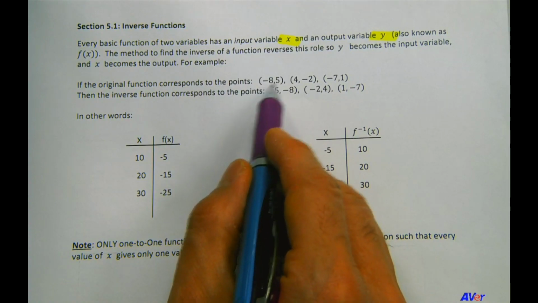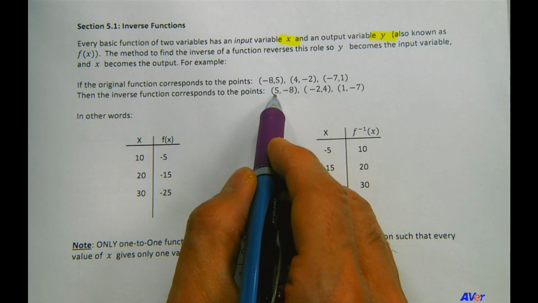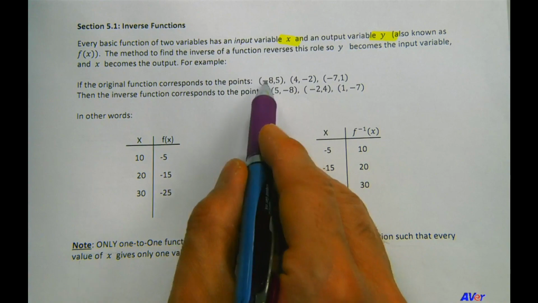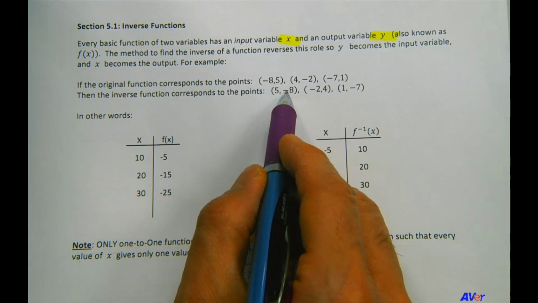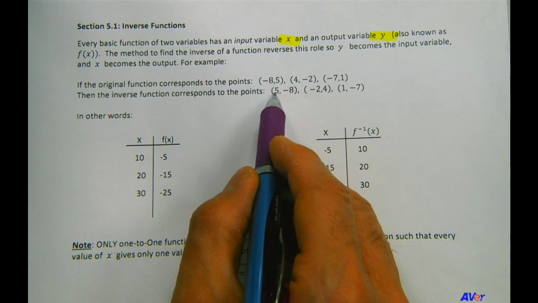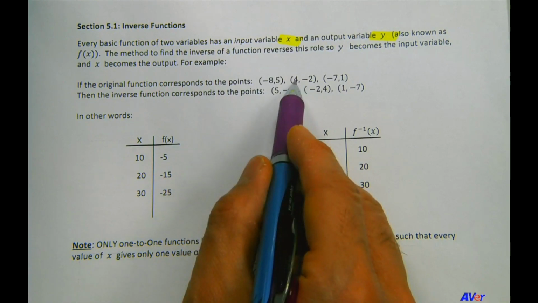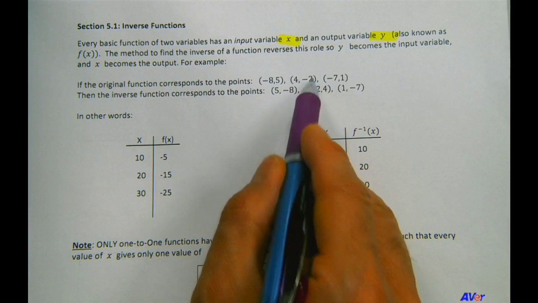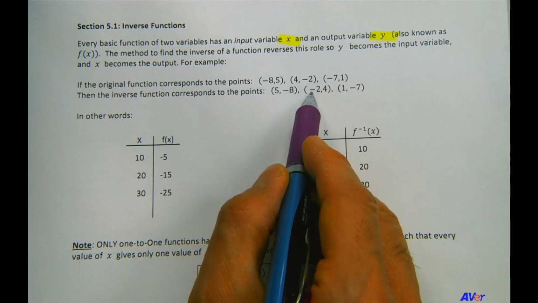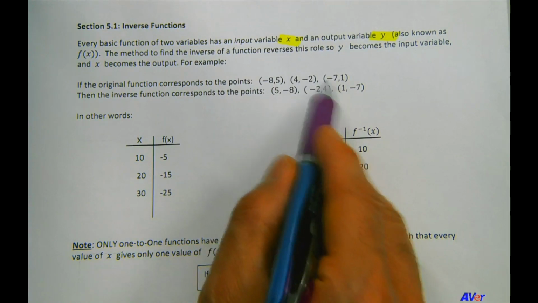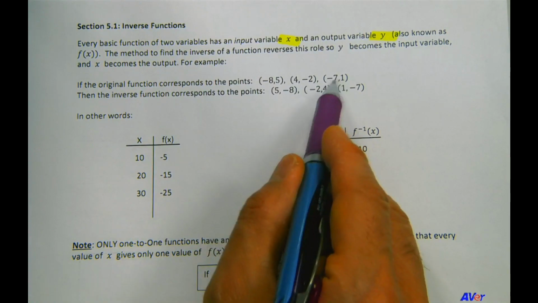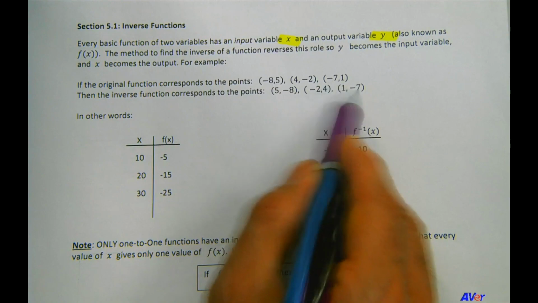Notice how the roles of x and y are switched in the inverse function and vice versa. What used to be x is now y. What used to be y is now x. In this point, again, what used to be x is now y, and what used to be y is now x. The same thing for these last pairs of points. So these are corresponding points where the roles of x and y are switched.